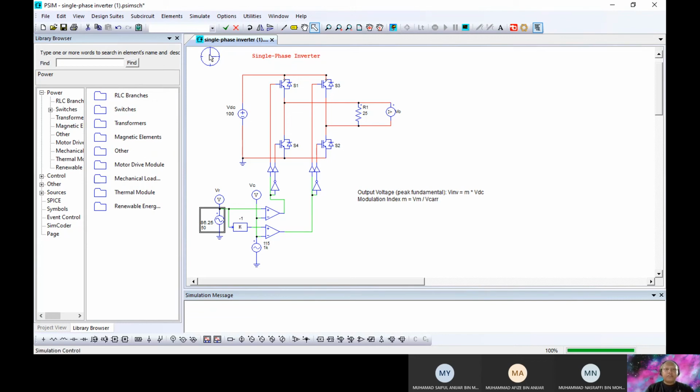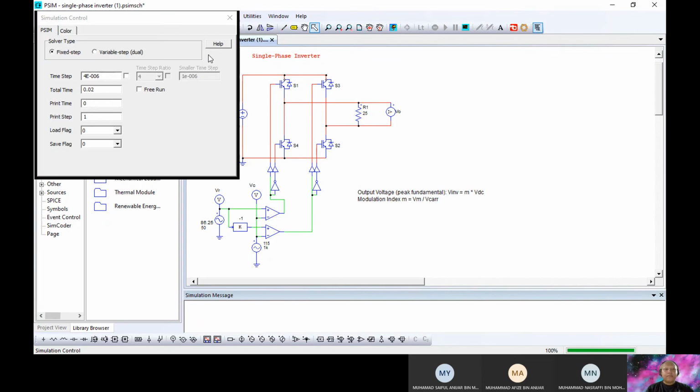First, the simulation control needs to be set. The time step is 4 times 10 to the negative 6, and the total time is 0.5, which refers to 50 hertz. Next, the sinusoidal voltage reference VR is set to 86.25 volts at 50 hertz. The value of VR we can get from the modulation index formula, M equals VR over VC.